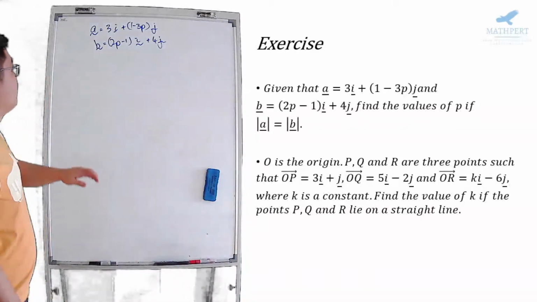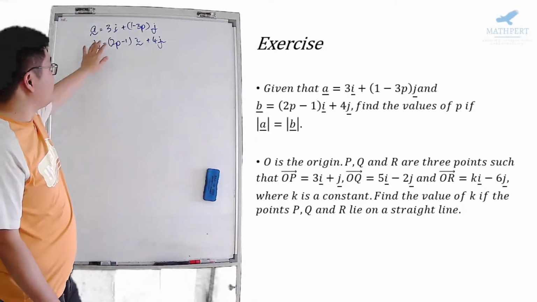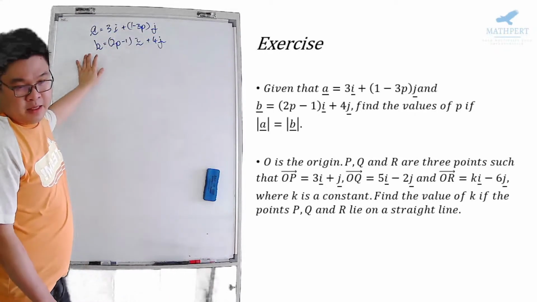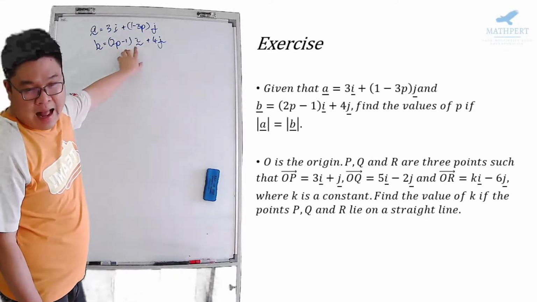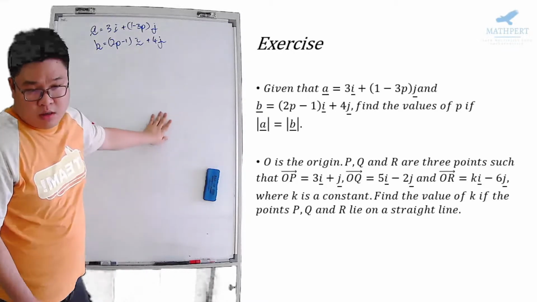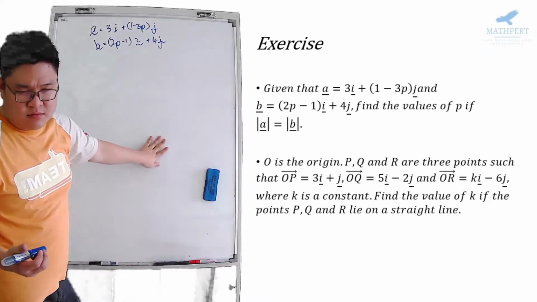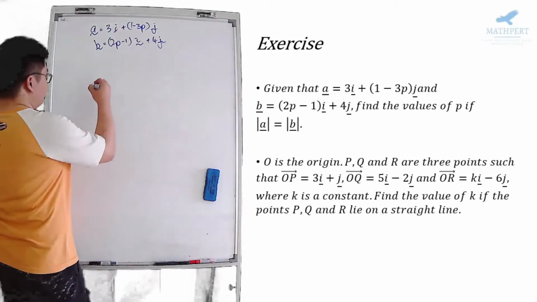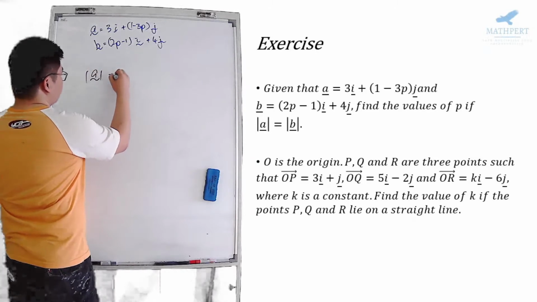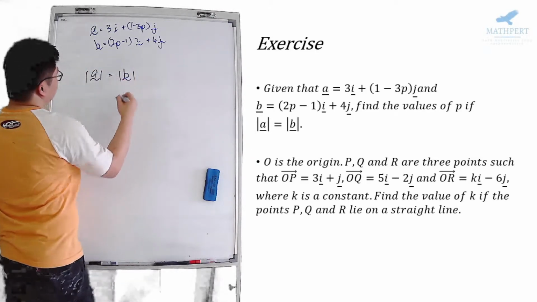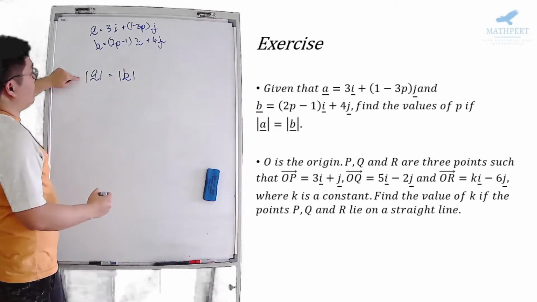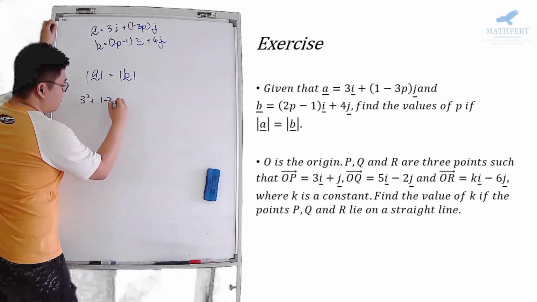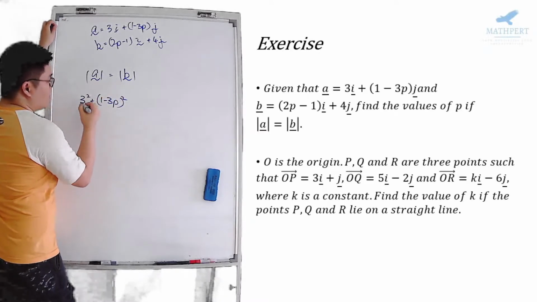Alright, time's up. Given that A is equal to 3i plus (1 minus 3p)j and B is equal to (2p minus 1)i plus 4j, find the value of p if magnitude of A equals magnitude of B. Magnitude of A is the square root of 3 squared plus (1 minus 3p) squared.